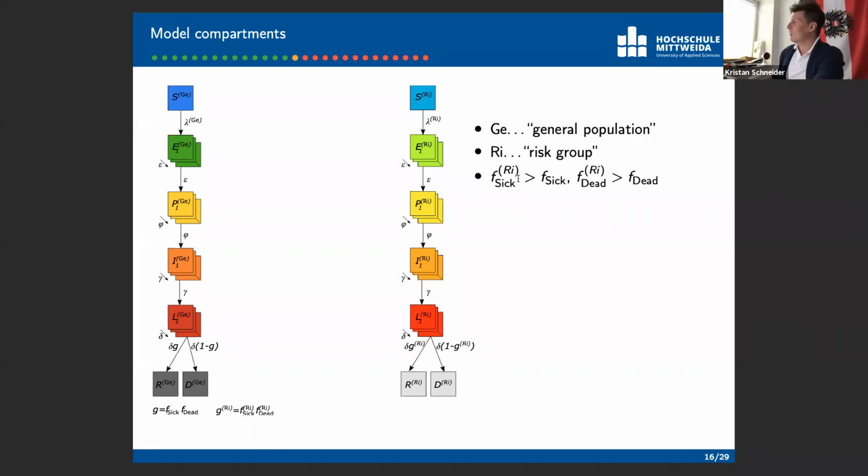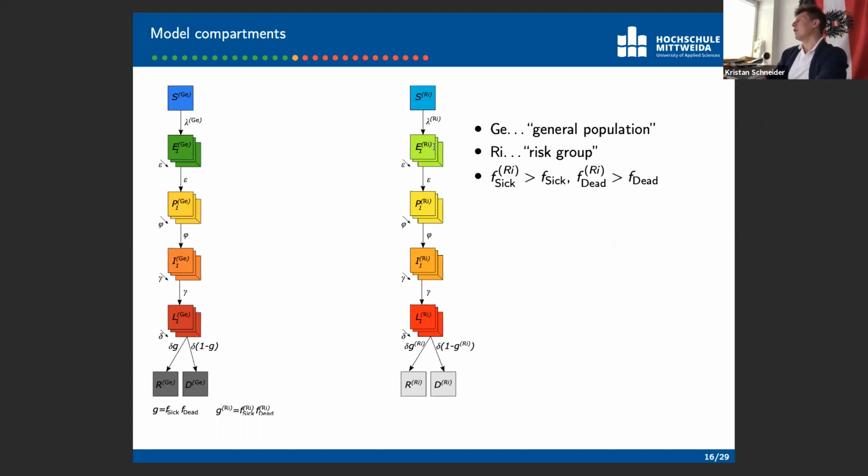So they get their own fraction of infected individuals becoming sick, and that always is also indicated. And also the risk group is more likely to die from symptomatic infection. So that's the reason why we need to model that really separately. We need to keep track of who's from the risk group, who from the general population.